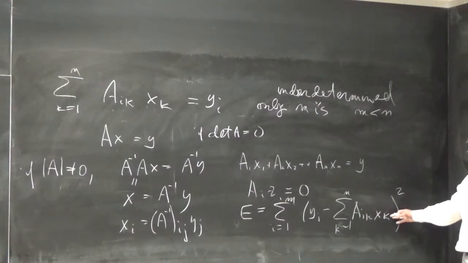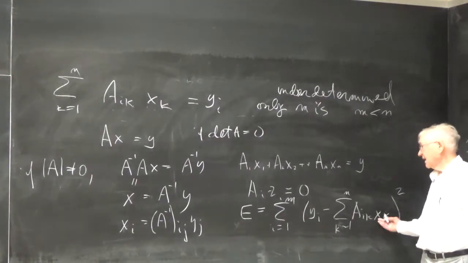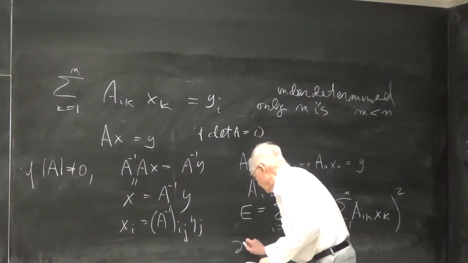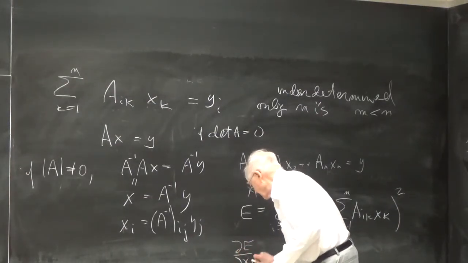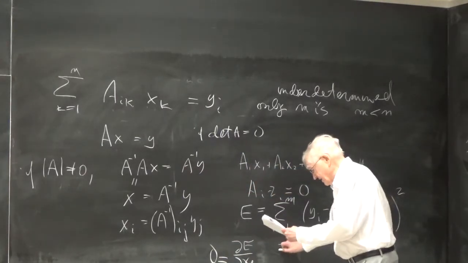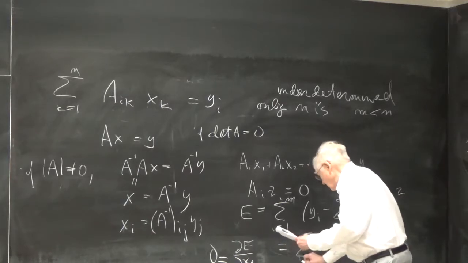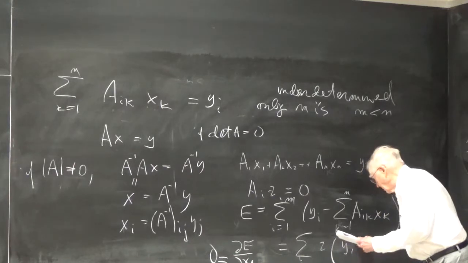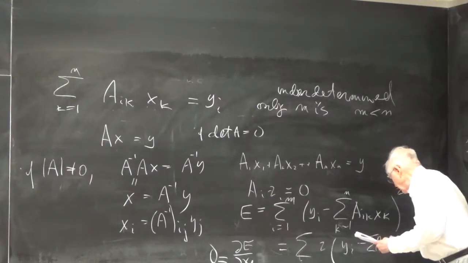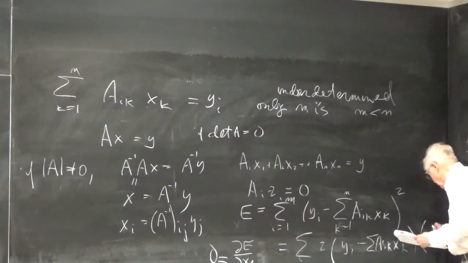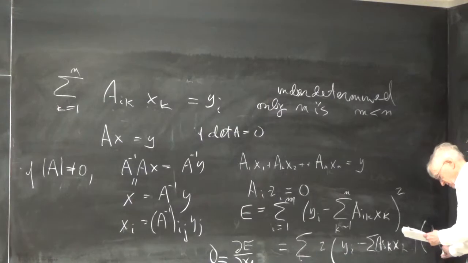The way you minimize something is you find the minimum of that function as a function of the x's. So you take the derivative, partial E, partial x_l, and you set it equal to 0, and that gives you the equation: sum on i of 2 times y_i minus this sum a_ik x_k, times minus a_il.